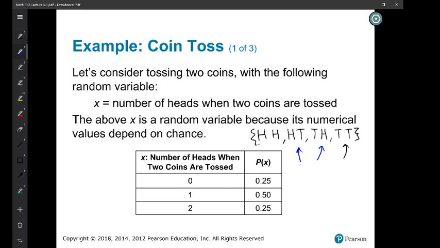That's 2 out of 4, corresponding to the 0.50 here. Or you could flip the coin and get heads both times, which corresponds to this event in the sample space and this probability in our table of 0.25.